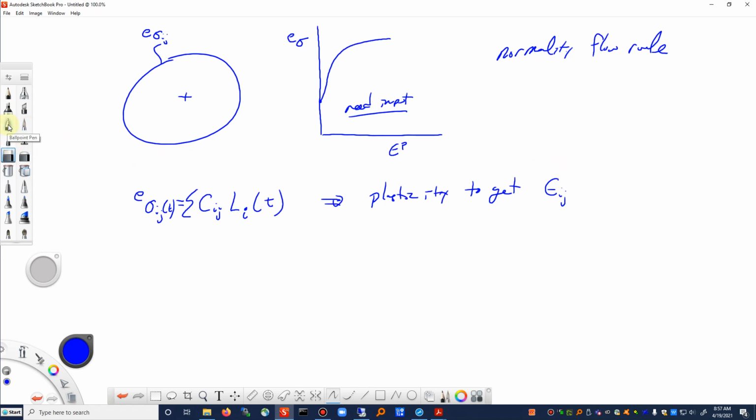So this is just our total strain history tensor. I don't want to confuse that with time, so let's just leave the superscript off of it. Epsilon ij is a function of time.